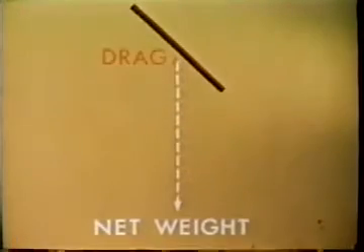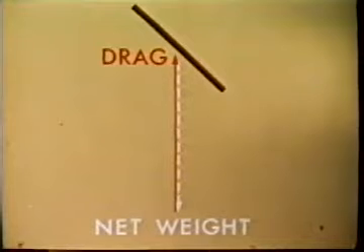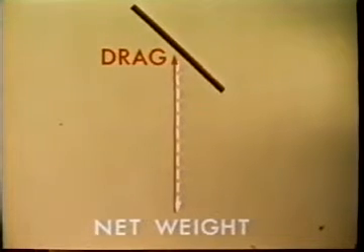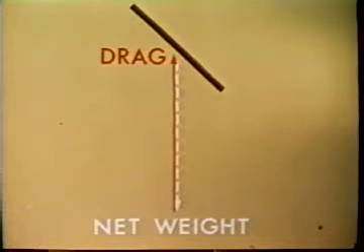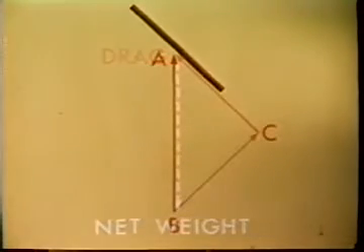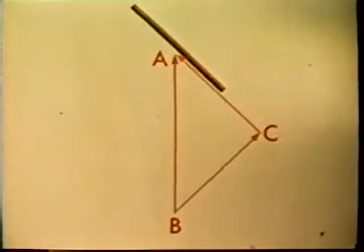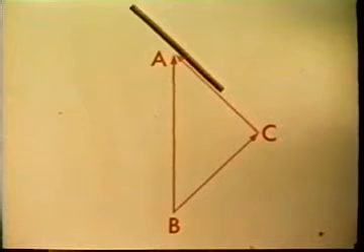The drag may be regarded as being the resultant of two forces, one parallel to the long axis and one perpendicular to it. These two forces are represented by CA and BC in the triangle of force ABC.